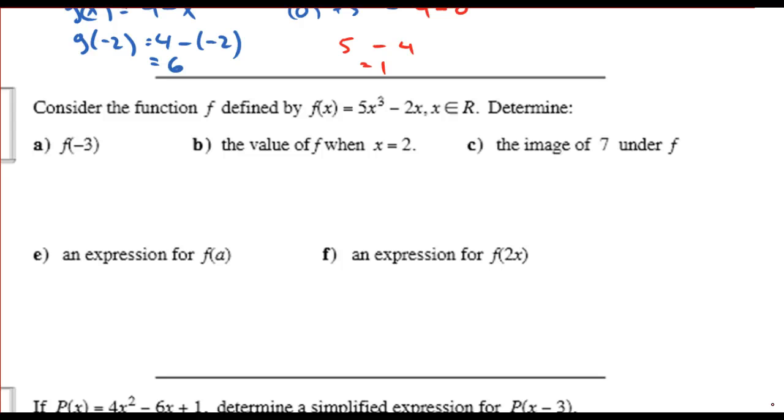Let's look at some more down here. Consider the function f at x equals 5x cubed minus 2x, where x is a real number. So f at negative 3.